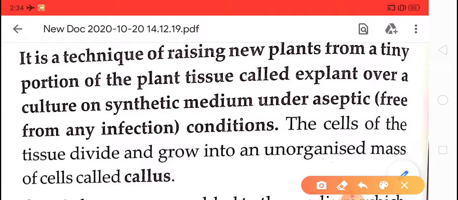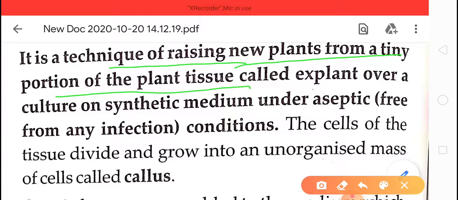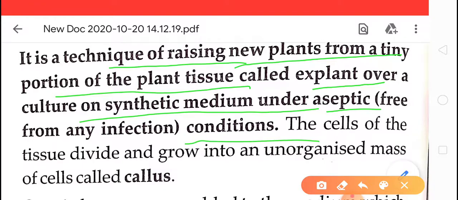Tissue culture is a technique in which new plants grow from a tiny portion of plant tissue called an explant, cultured in a synthetic medium under aseptic conditions. So a new plant can grow from a small portion of plant tissue.